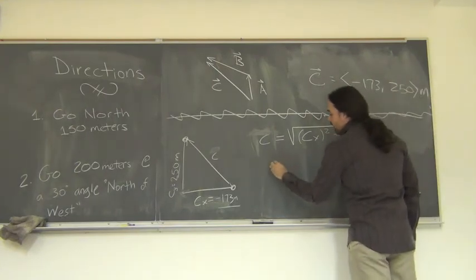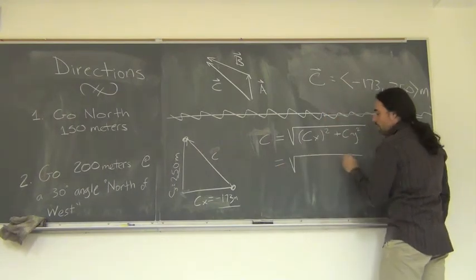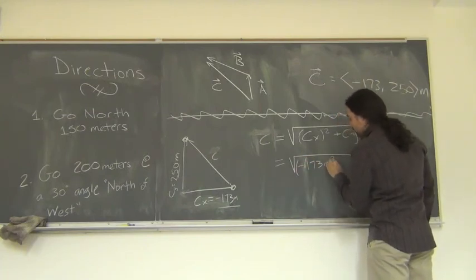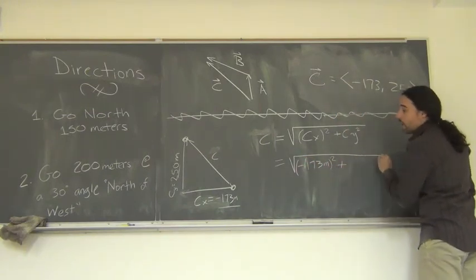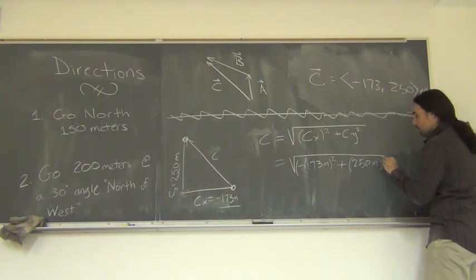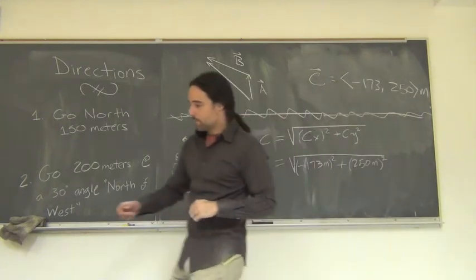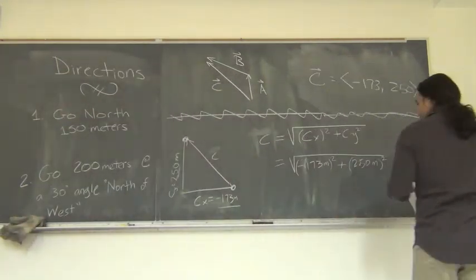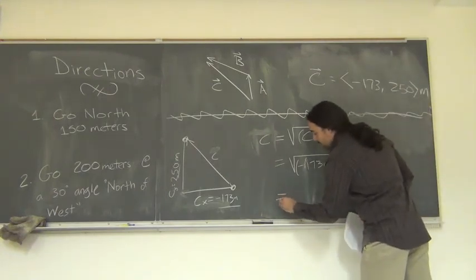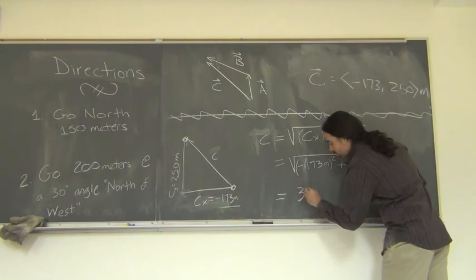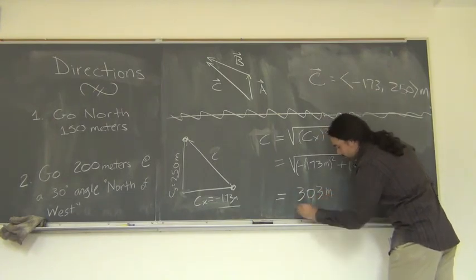which is going to be the same thing as the square root of minus 173 meters squared. Got to square that negative sign so it'll become positive, plus y squared, 250 meters squared. And when I do that, let me just get my notes over here. When you do that, you will get a total distance traveled of about 303 meters.